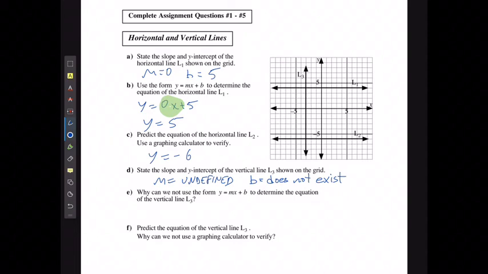So why can't we use the form y is equal to mx plus b to determine the equation of line L3?